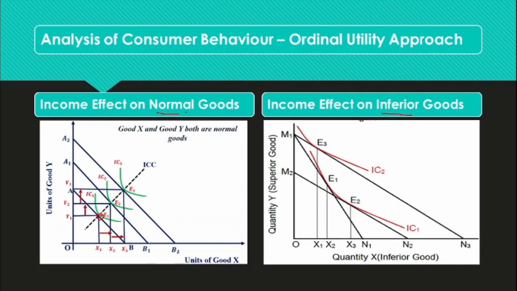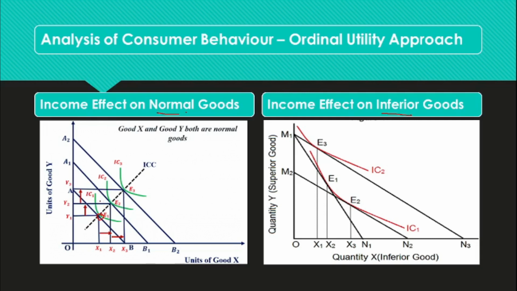That becomes the original equilibrium, and at this point we can see OX1 and OY1 is the quantity of both the goods that is under consumption. Then let us say there is an increase in the income from AB to A1B1.